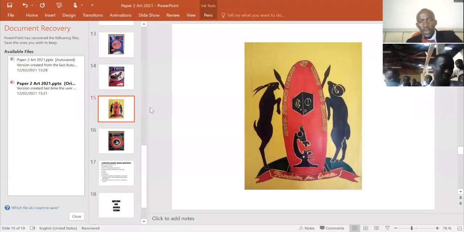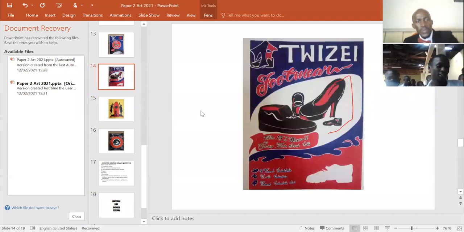Just look at the examples I gave. Let us pick that one. You see the illustration, the shoes. You can do the wash on the illustration, or you do the wash on the background.